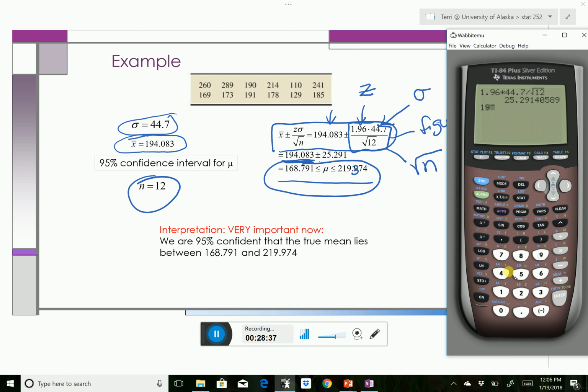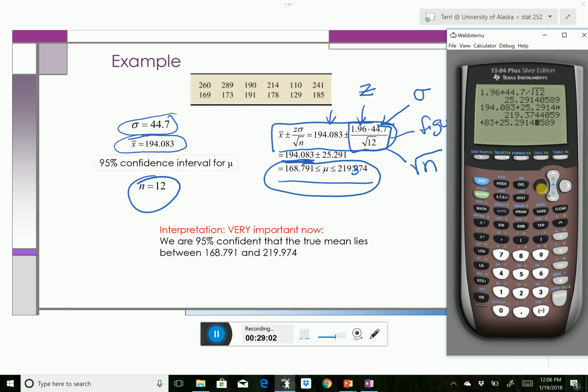Then I'm going to type in my X bar and add this number. Your calculator should be able to do this. I just hit the up arrow to grab it. And I get that. It was 374. It was a typo right there.